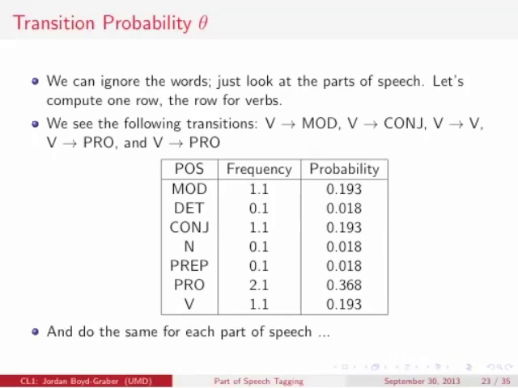Verb goes to modifier, verb goes to conjunction, verb goes to verb, verb goes to pronoun, and verb goes to pronoun again. So we get some counts, we add in our smoothing, we normalize it, and we get the probability estimates that you see here. And we do the same thing for every part of speech, and this gives us a k by k matrix of conditional probabilities. What is the probability of going from one part of speech given that you were in another?